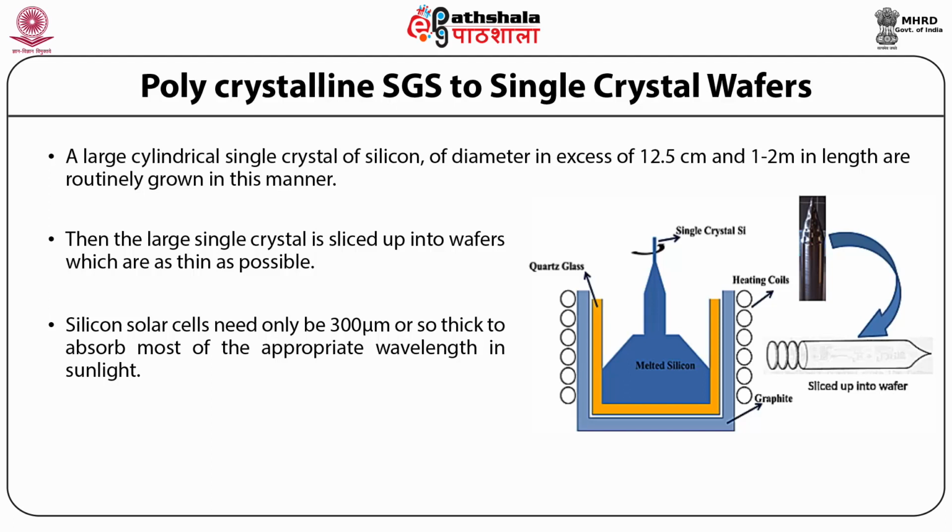More often, the sides of these circular wafers are clipped to get either a square or hexagonal shaped cell to have better packing density in a solar cell module. This process for transforming the SGS into the single crystal silicon and then cutting it into the wafers is very difficult and a serious work.